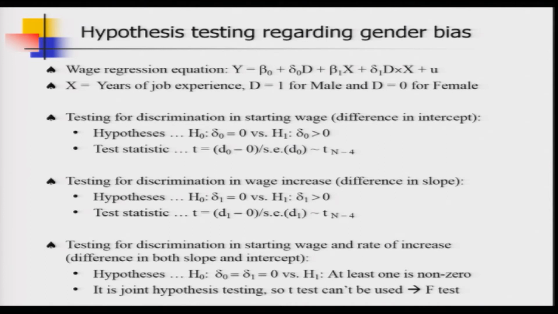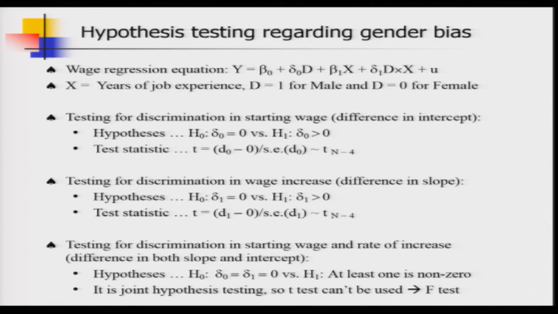Okay. So, now there could be three types of hypothesis testing problems given this setup. In the first stage we may be interested in testing whether there is a difference in the intercept term or not. I am talking about the first dummy variable diagram that I have shown you in this labor market context.